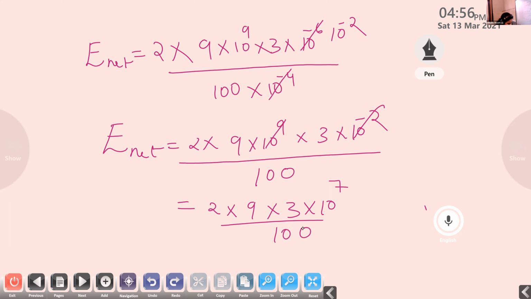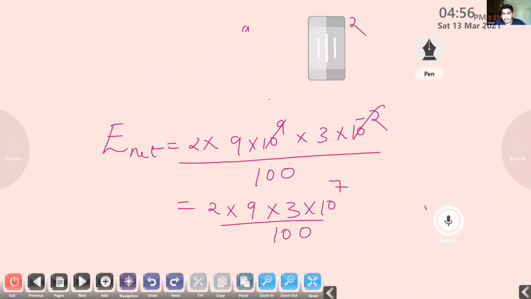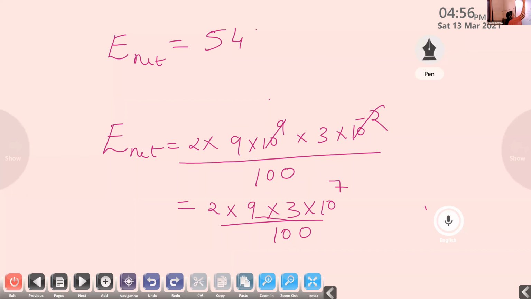It is 27. 27 into 2? 54. Yes, 54. So the net electric field, E net is 54 into 10 raised to 7 divided by 100.